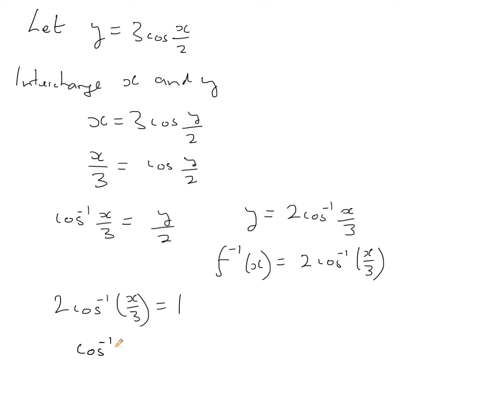So cos minus 1 x over 3 equals a half. So x over 3 is equal to cos of a half, which means x is equal to 3 cos a half, which is the answer.